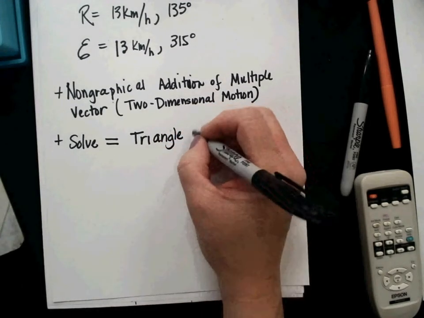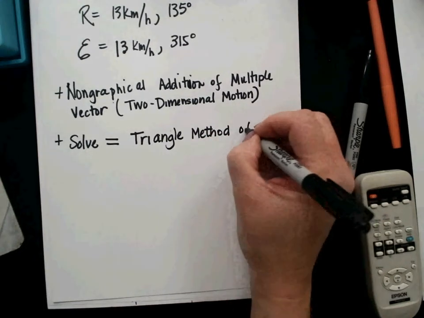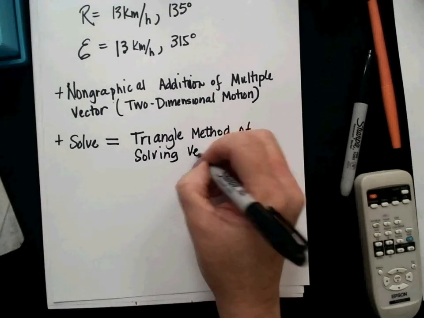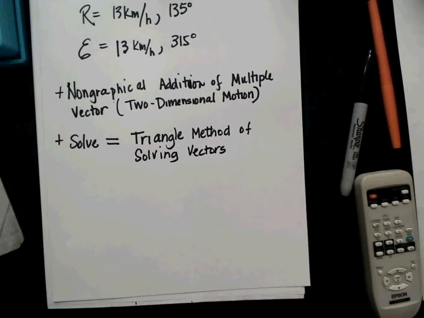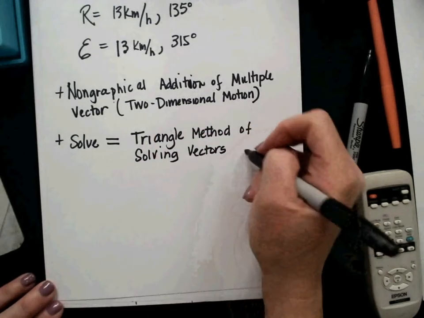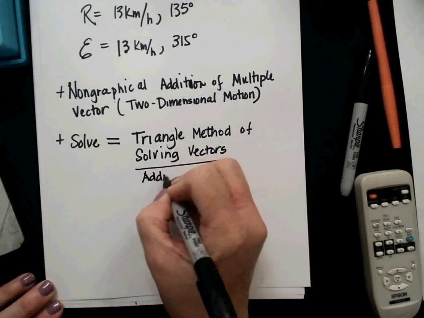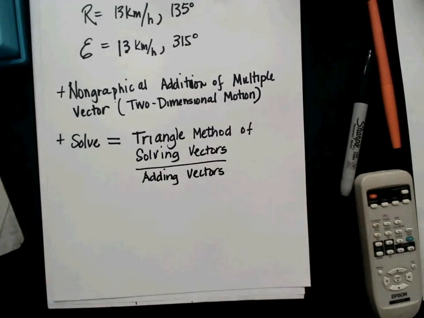It's called the triangle method of solving vectors. Or it could also be called adding vectors. So I want you to see those words so when you see them later in a problem, you'll know what you're being asked to do.